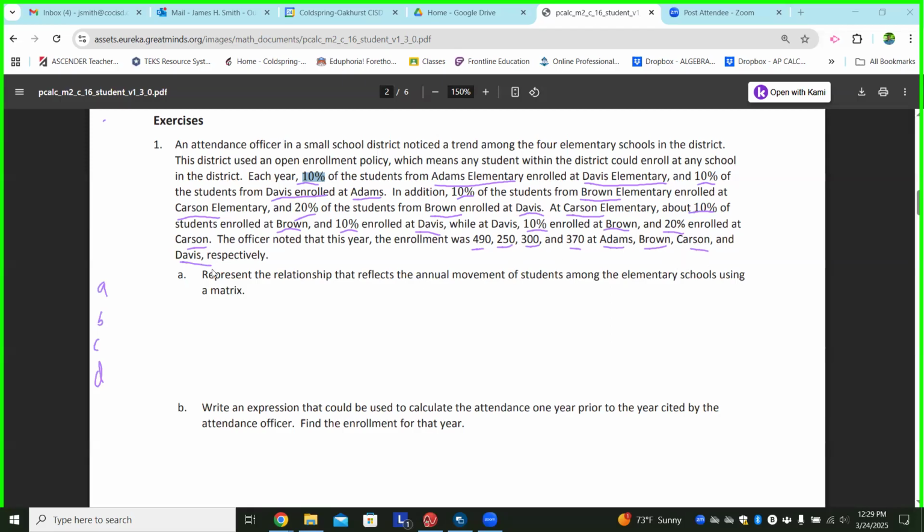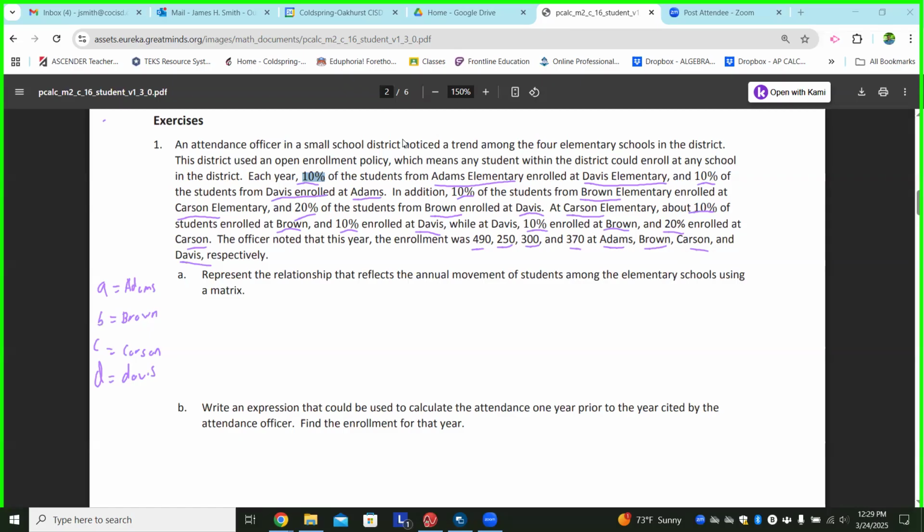We're going to let A be Adams, B be Brown, C be Carson, and D be Davis. So now every time I see those words, I can associate it with a variable.